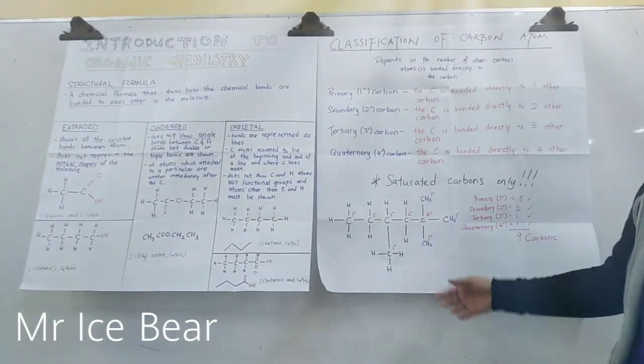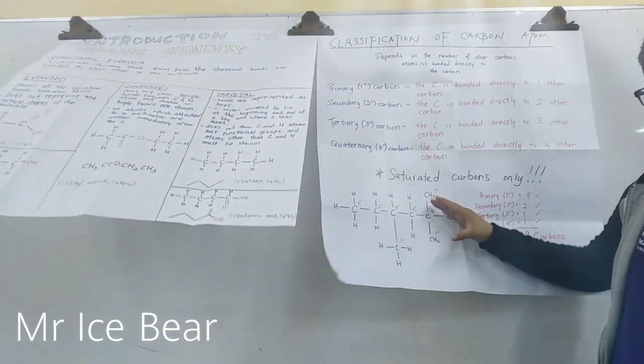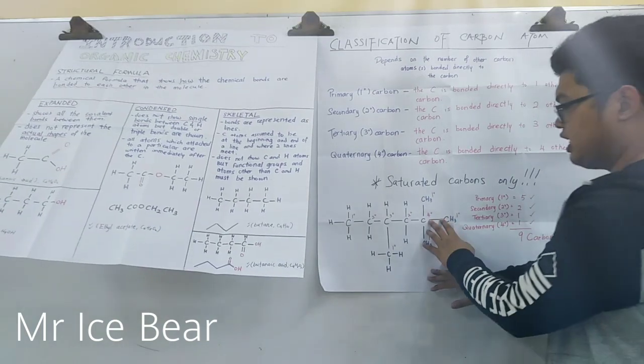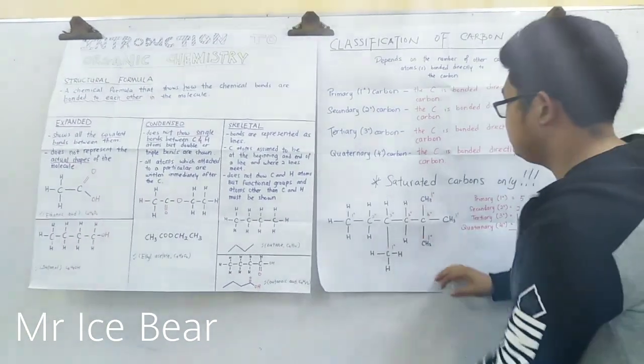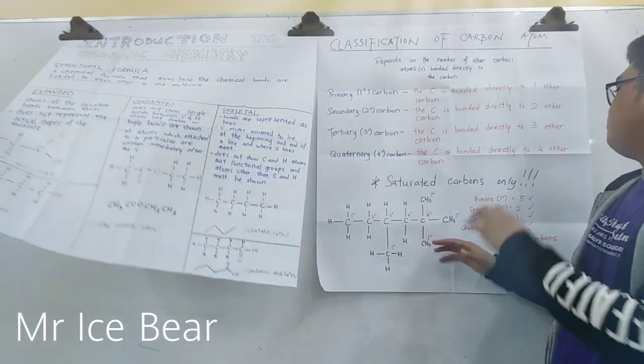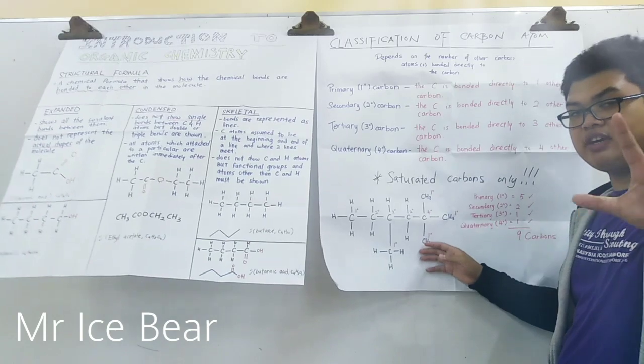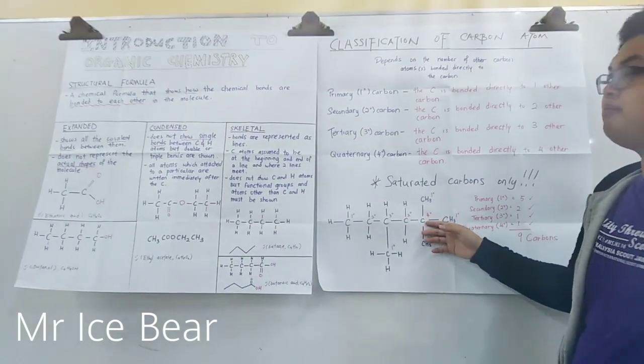Next, last but not least, we want to identify quaternary carbon. From this structure, there is 1 carbon attached to 4 other carbons. We call it quaternary carbon. So the carbon is bonded directly to 4 other carbons. You have to take note, here we need to have 5 carbons in order for that to happen.